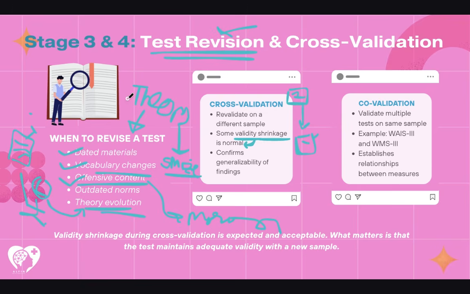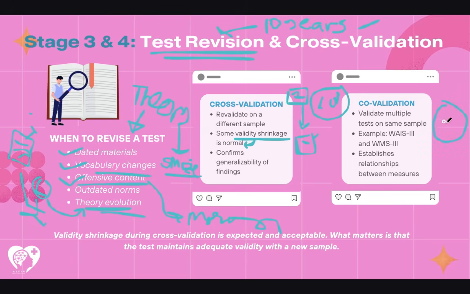And the entire revision, it sounds simple, it sounds straight to the point, but test revision often takes a lot of time, a lot of money, a lot of energy. So sometimes, they revise a test for 10 years, just revising one test alone. So how do the researchers cut back on cost? They do co-validation.